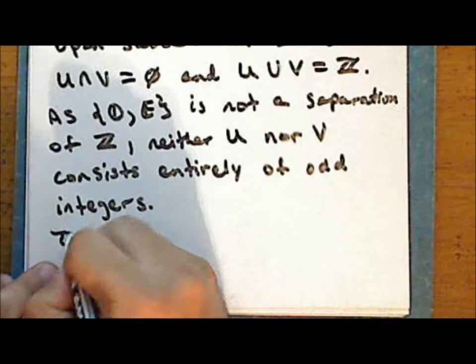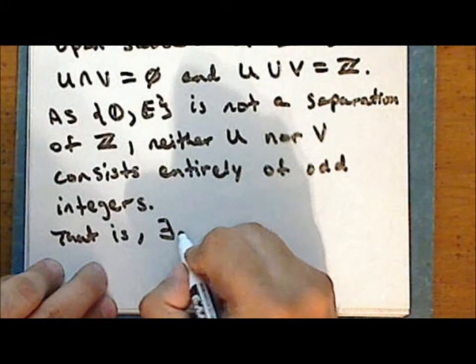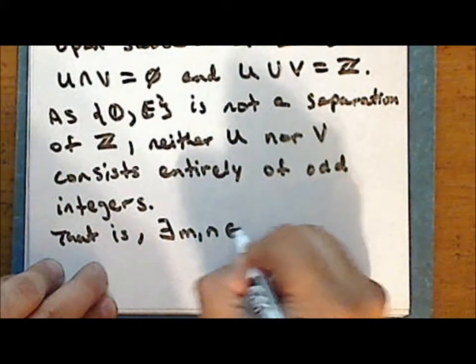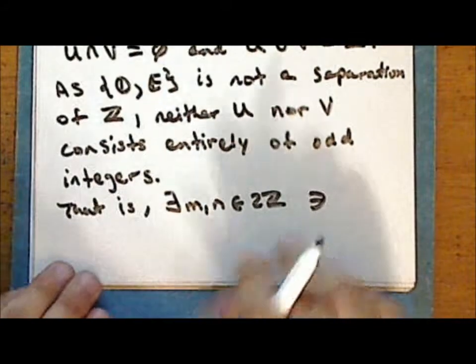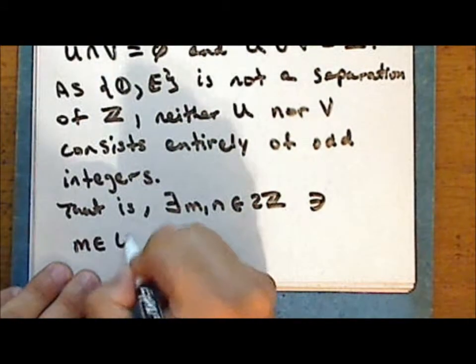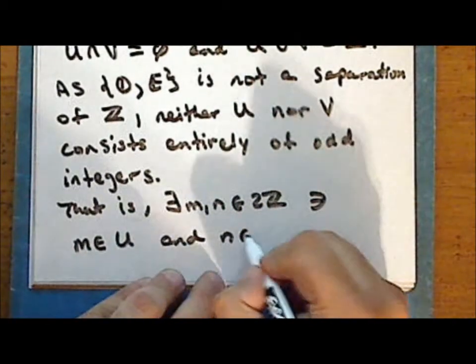That is, there exist even integers m and n such that m is in the set U and n is in the set V.